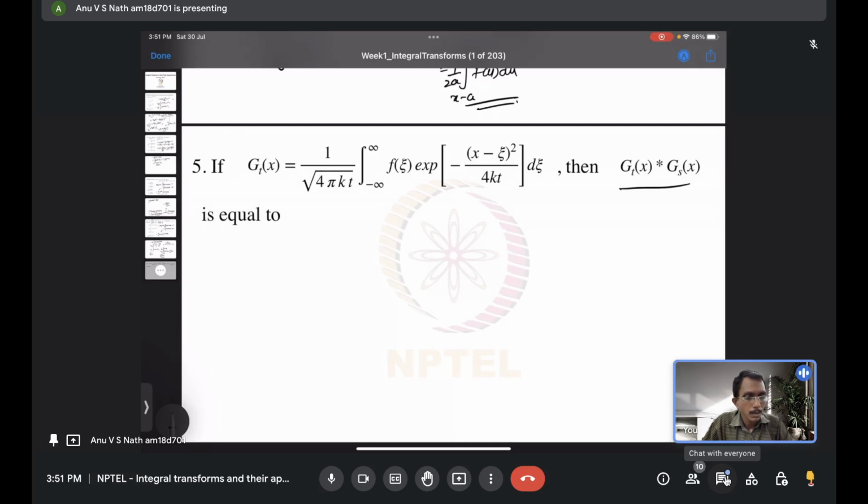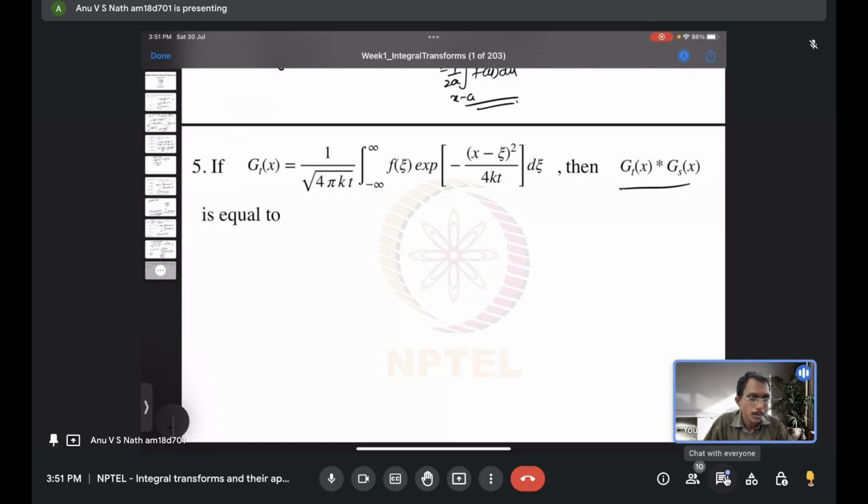So anyone want to say how to approach this problem? The function g has two variables, t and x. So anybody have an idea how to proceed with that?